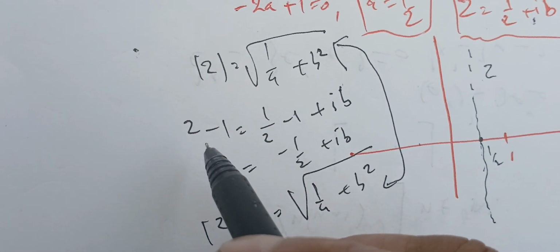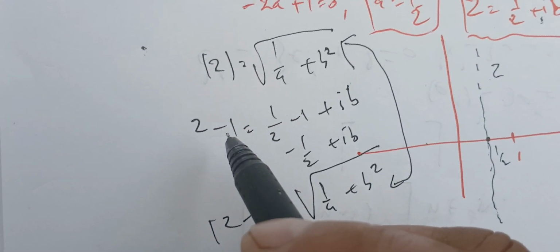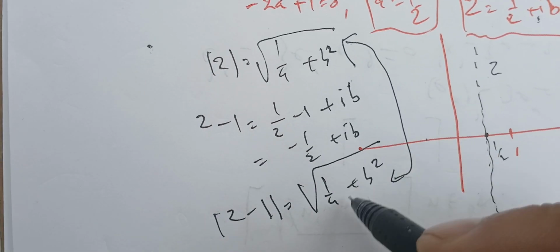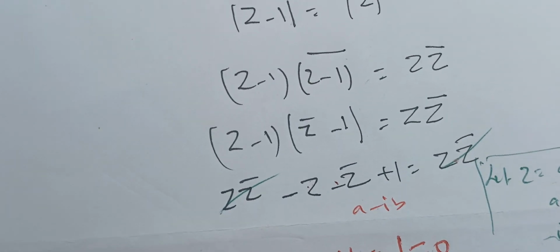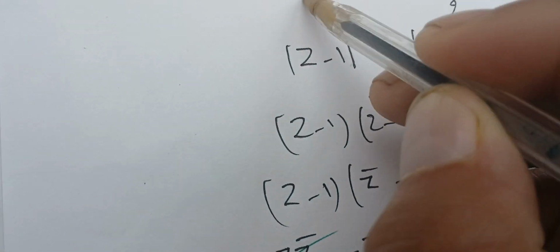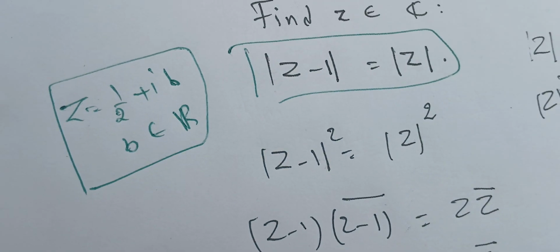Okay, therefore the only solution here, so the z that solves this equation is this one here. It's 1/2 plus ib with b a real number. Okay, so this is the solution.